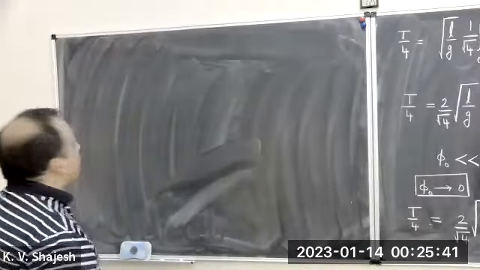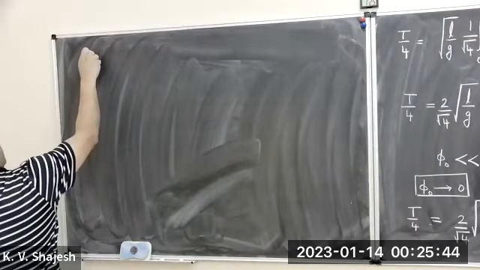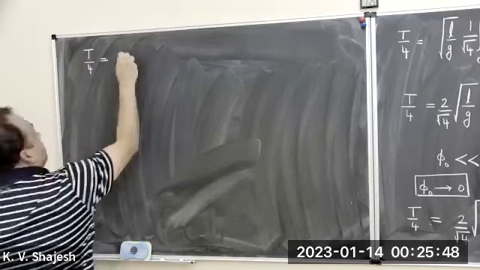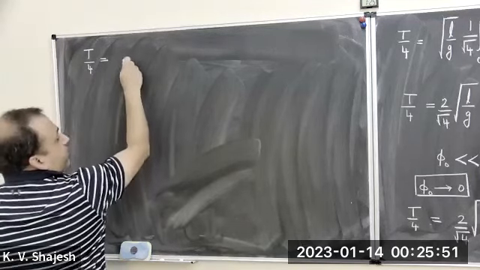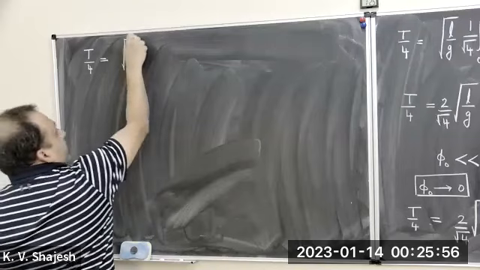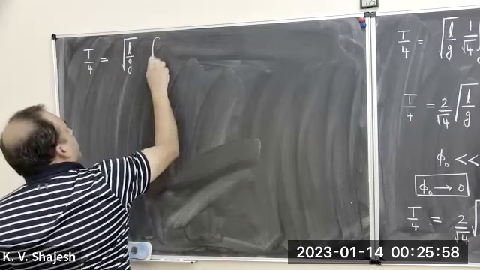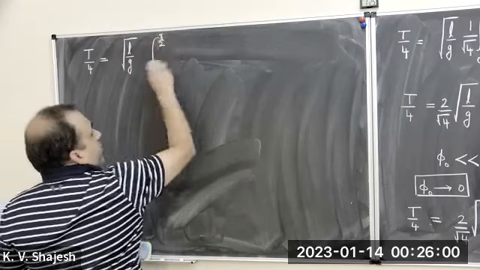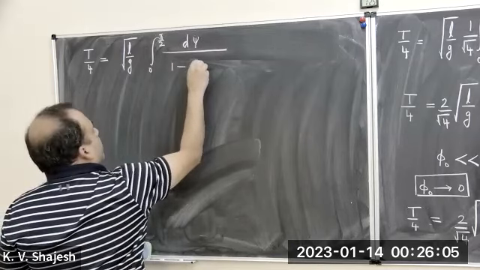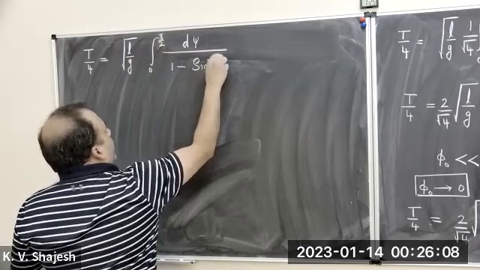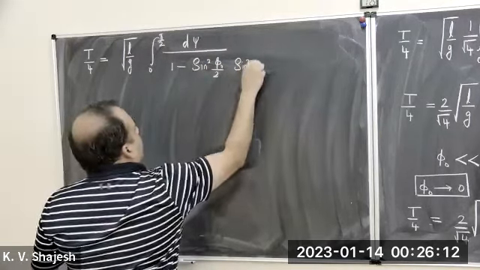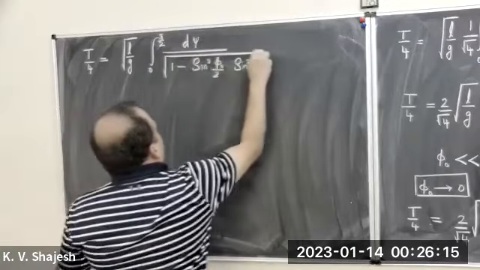So remember, T by 4 is equal to, we said, square root of L over G times the integral from 0 to pi by 2 of d psi over the square root of 1 minus sine square phi naught over 2 times sine square psi.